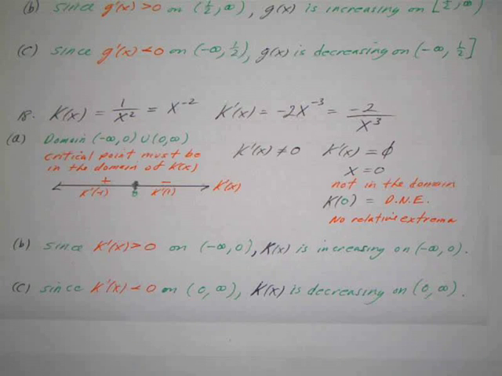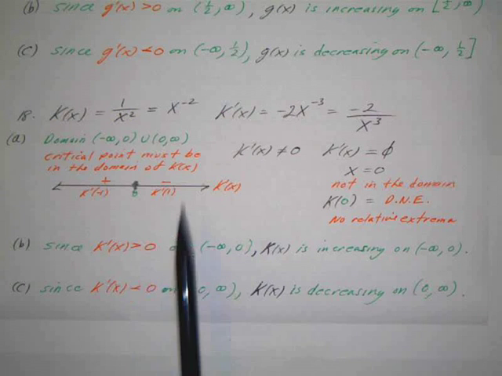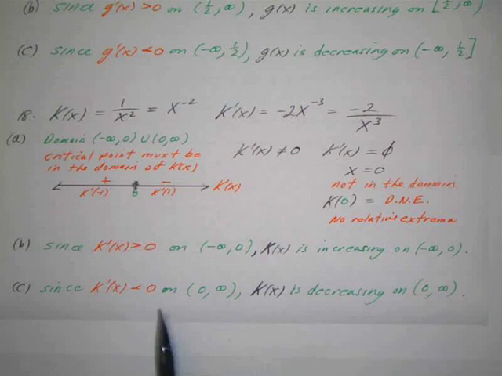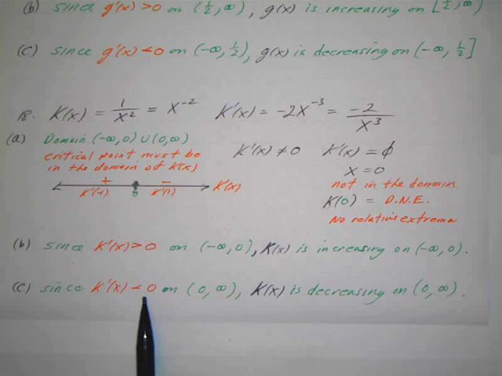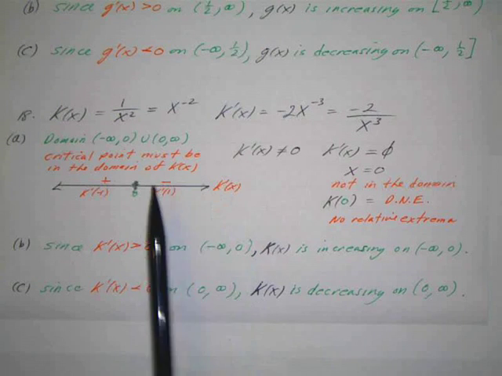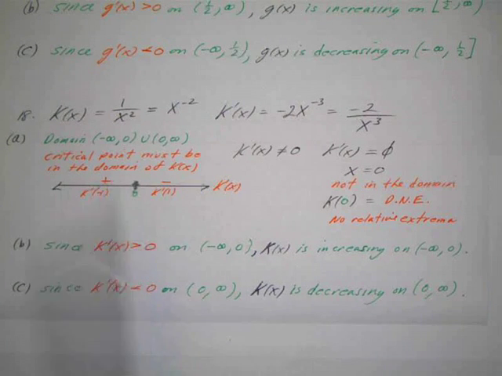So when we talk about the increasing, it would have to be increasing on the open interval. And then again, since the derivative is less than 0 on 0 to infinity, we'd say the function is decreasing on 0 to infinity, again open at 0. Okay? So that makes sense for you.